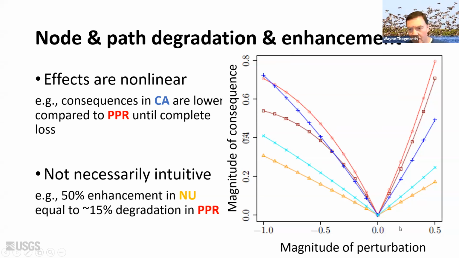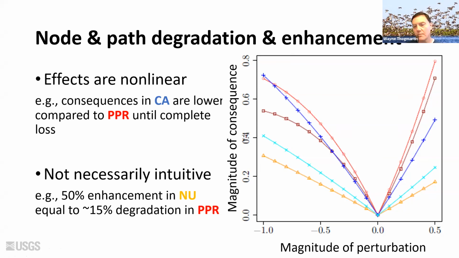Like a 50% enhancement in the northern unsurveyed area, the area north of the prairie potholes, would offset about a 15% decrease in the prairie potholes.